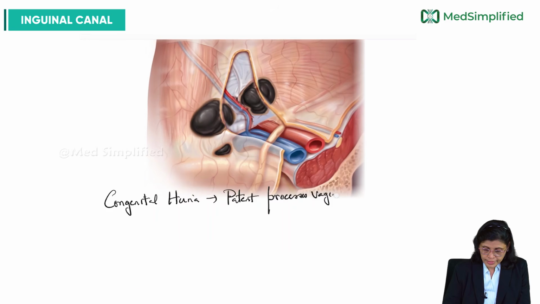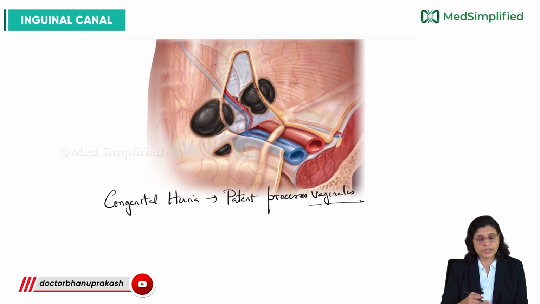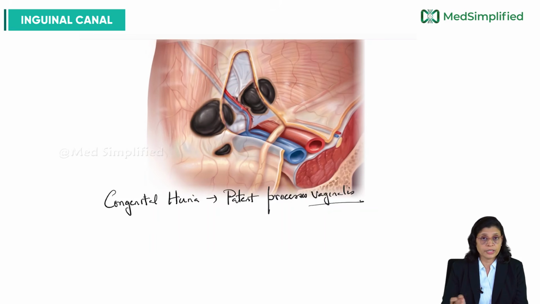Usually after the descent of the testis, the processus vaginalis will obliterate. But sometimes if it doesn't obliterate, it communicates with the abdominal cavity, the peritoneal cavity, through the inguinal canal. Through that communication, the abdominal viscera can be herniated. It connects the peritoneal cavity with the tunica vaginalis, and because of this communication it can lead to herniation.